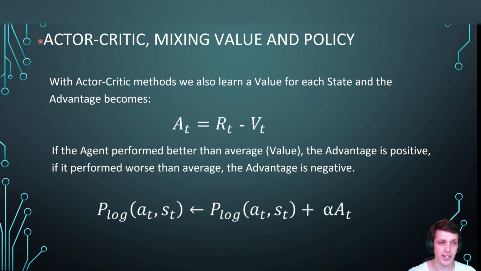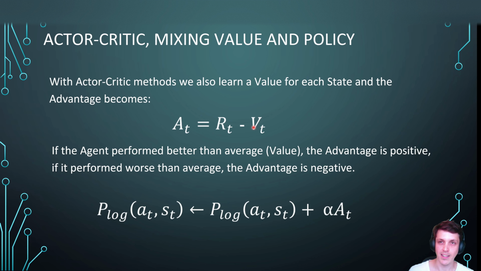So in actor-critic methods, we look at the difference between the calculated returns for a particular trajectory and the learnt value function. So our advantage now becomes the returns subtract the value, right? And this now becomes much more like what we described the advantage as.